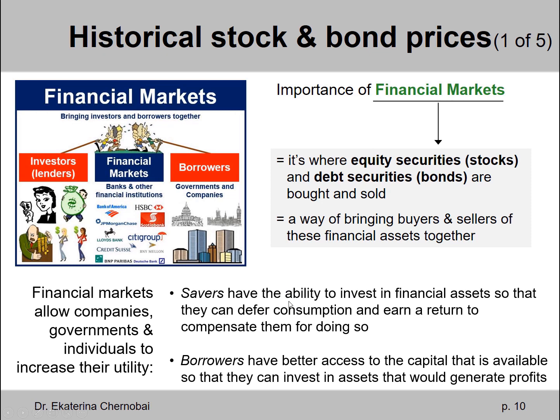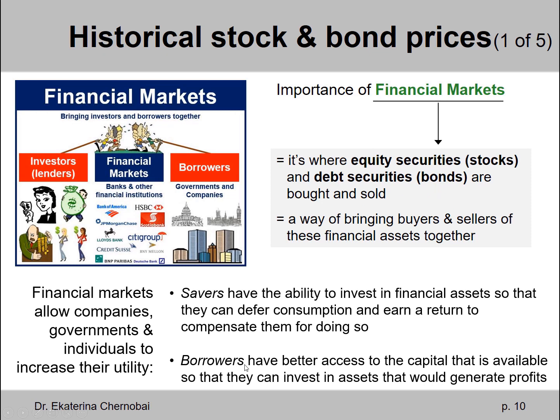So they put it aside, invest, wait a while, and earn a return on it, which is a compensation for postponing spending the money. They're allowing the money to be used by somebody else. They wait maybe several years, and then they get the money back and they're compensated with a return paid in the form of, let's say, dividends if that was stocks, or coupon payments if that was bonds.